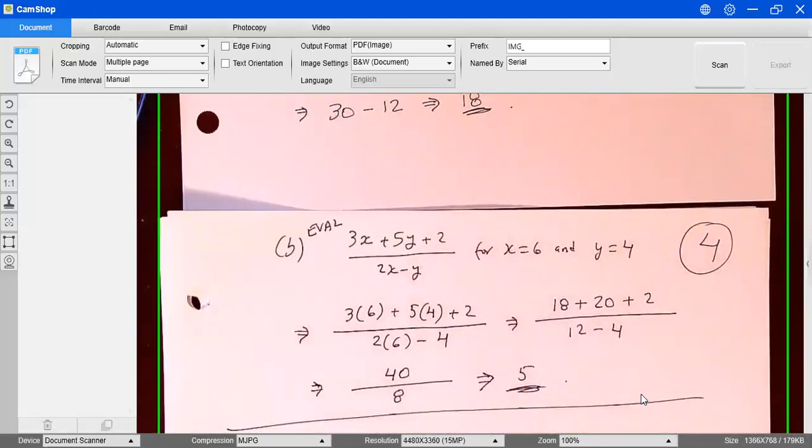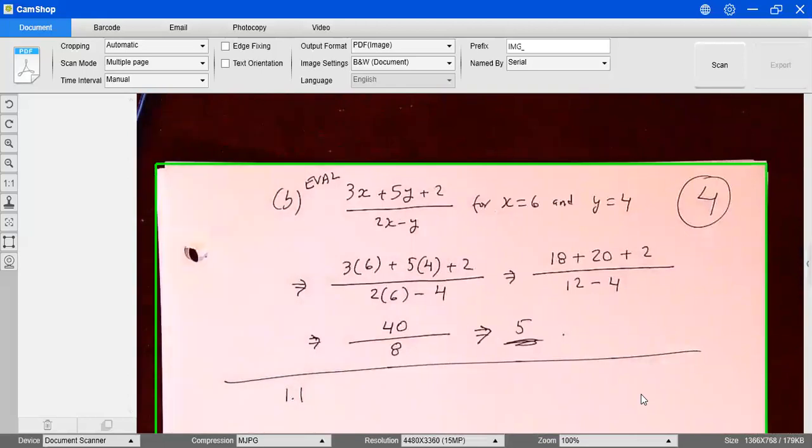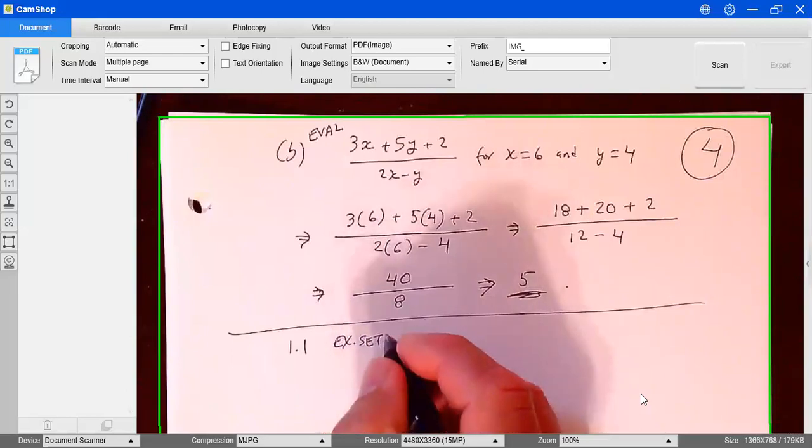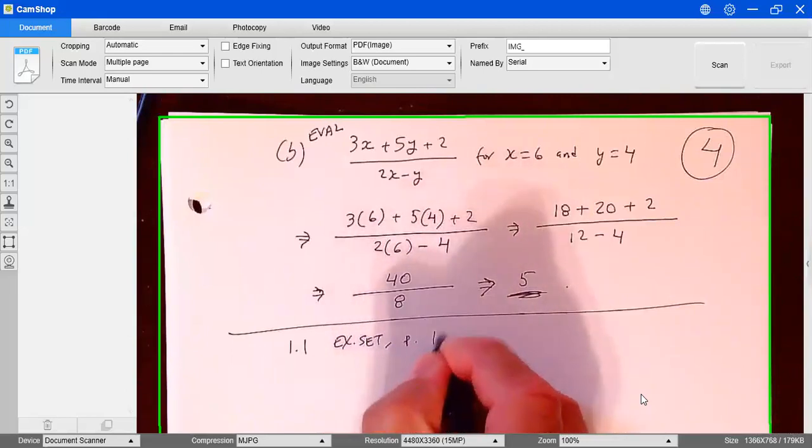So now you're going to start solving some exercises that are at the end of the section. There is more material in this section, but we're going to work some exercises. It's important for you to see that you are understanding this. So this is going to be the 1.1 exercise set on page 11.